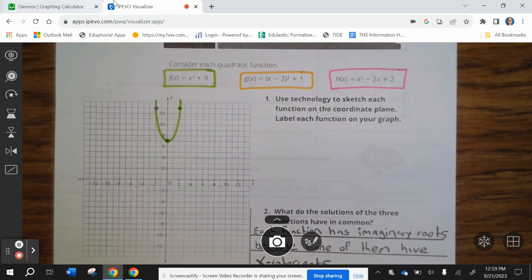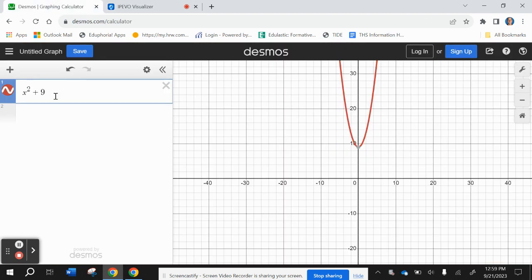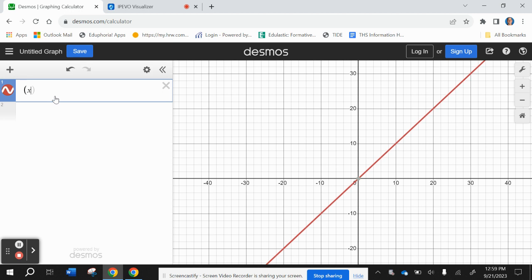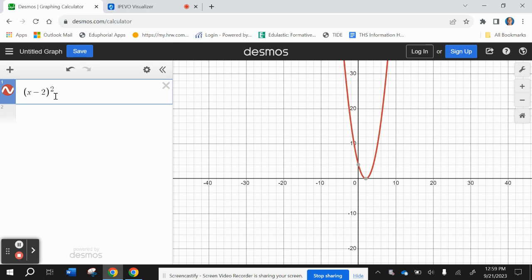And let's take a look at parentheses x minus 2 squared plus 1. Okay, it looks like I have a good point here and here. So I'm going to graph 0, 5 and 2, 1.